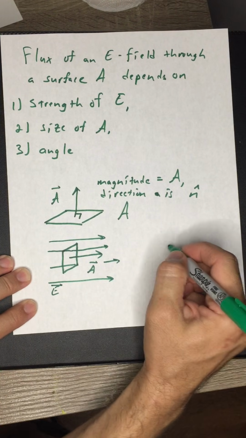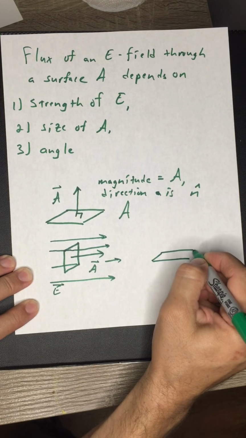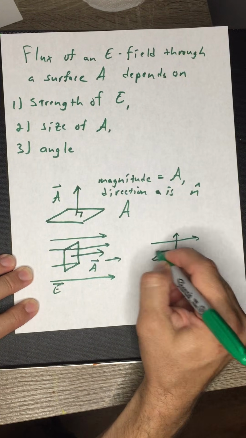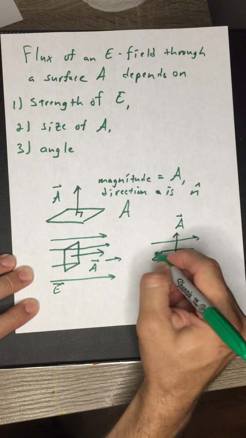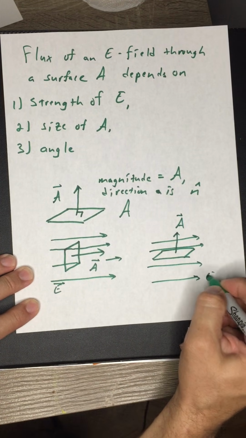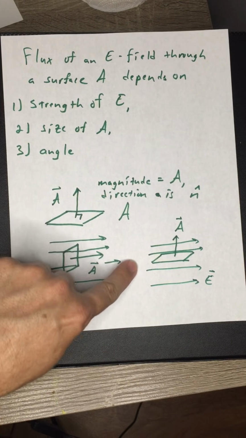I need it to be minimized when they are perpendicular. So here's A, here's E. And I said a while ago, if I turn the square flat like this, I get no electric field through it.